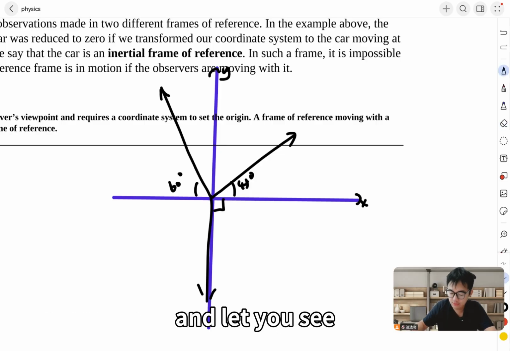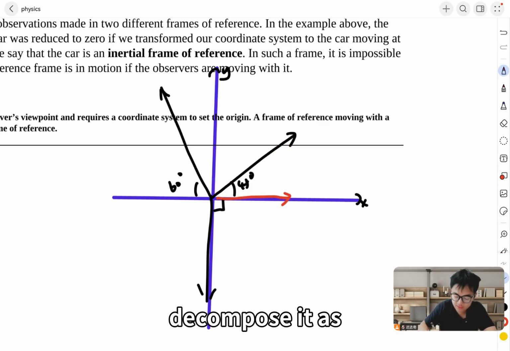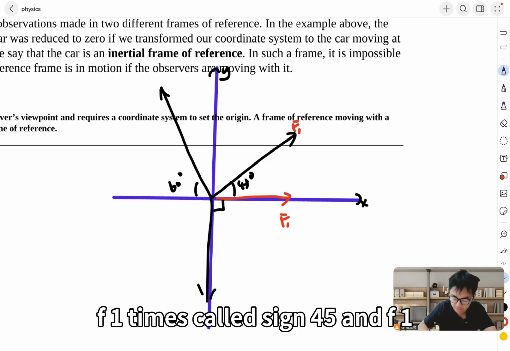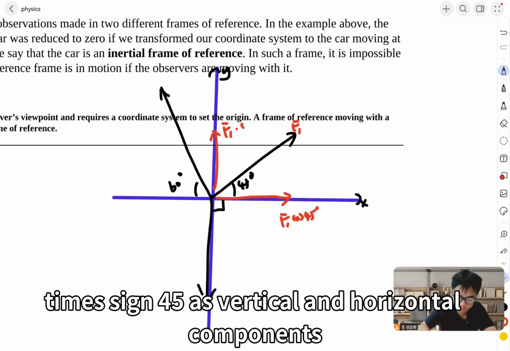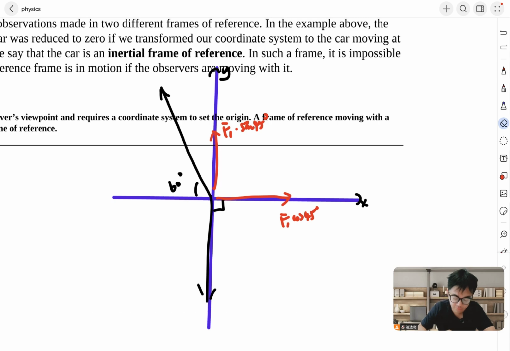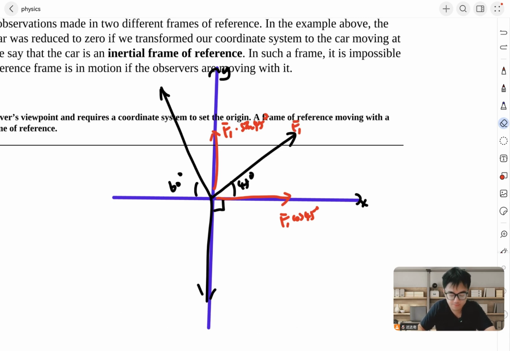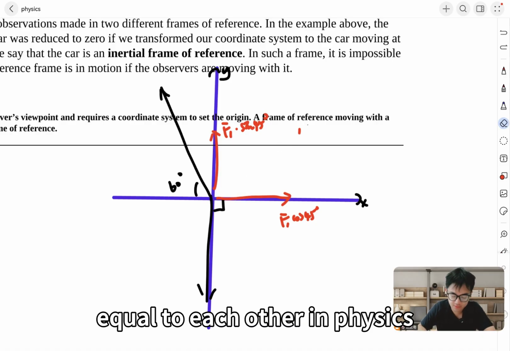For the right force, we can decompose it as F1 times cosine 45 and F1 times sine 45 as the horizontal and vertical components. And under this situation, we can erase this force away because they are equal to each other in physics.